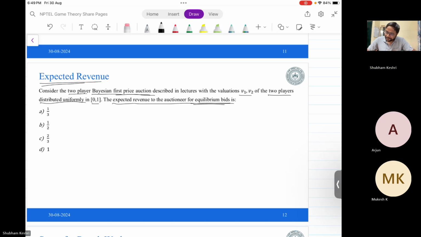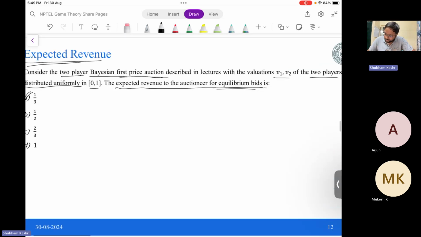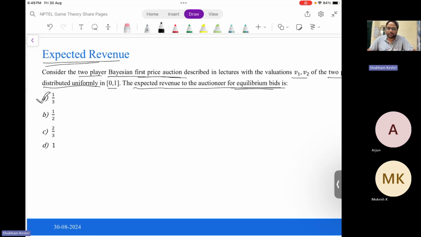Right, so this is the correct answer. We'll see how expected revenue is calculated using the concepts of probability we had just discussed, so that you get a comprehensive idea of how expected revenue or any other expectation is calculated. I'll show you where the confusion was when we do this.